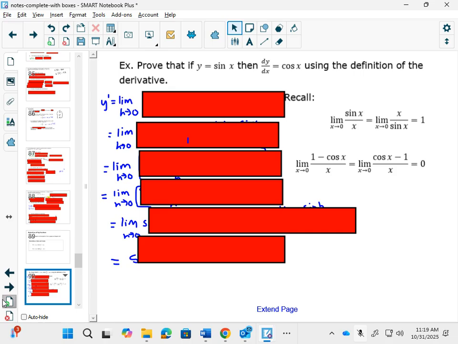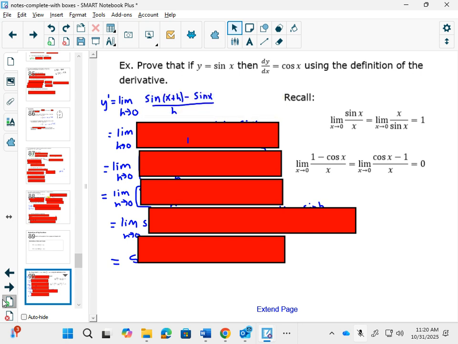Okay? That's not too bad, but a little bit. This one is doable. You use 2 of your limits you already know, right? We used the squeeze theorem to prove well, we didn't prove them, but I told you you could look in your textbook if you wanted to. You could use the squeeze theorem to show that the limit of sine x over x is 1 and the limit of 1 minus cos x over x is 0.